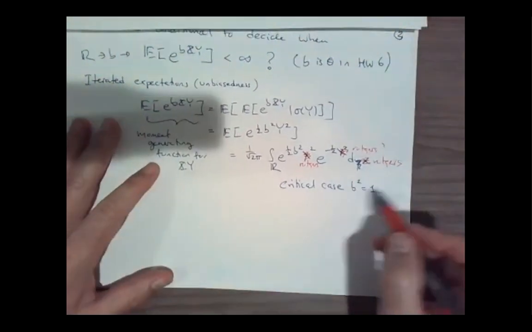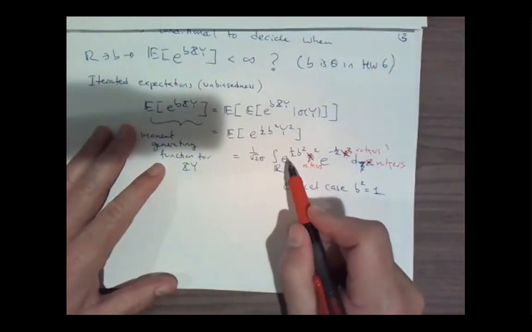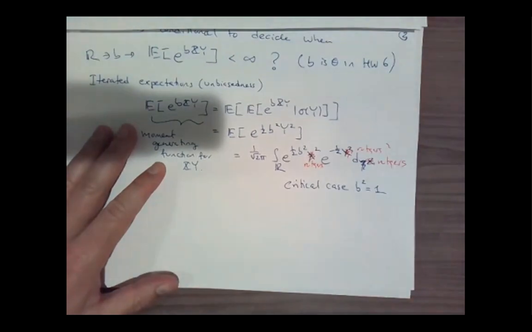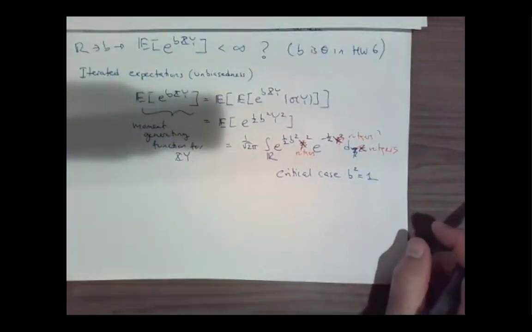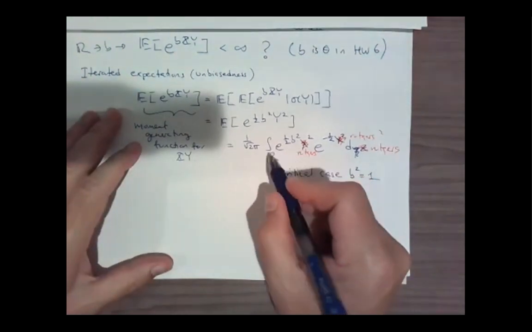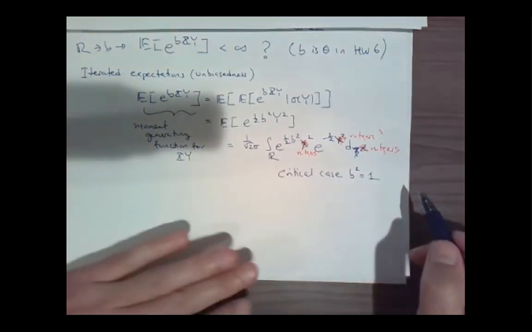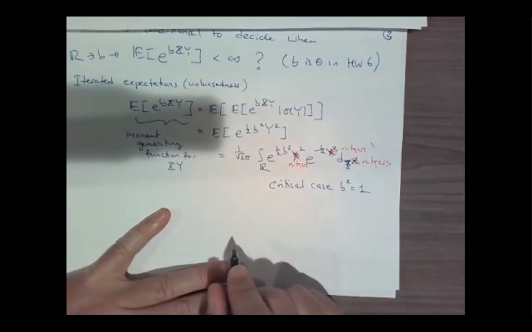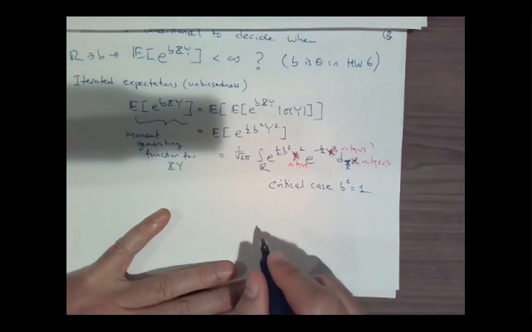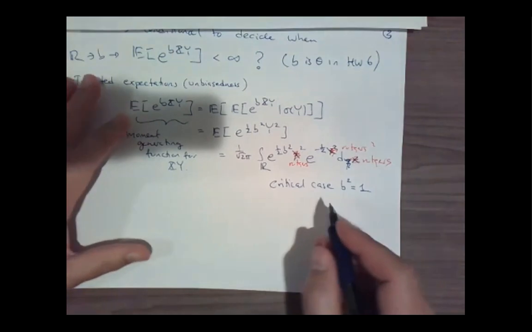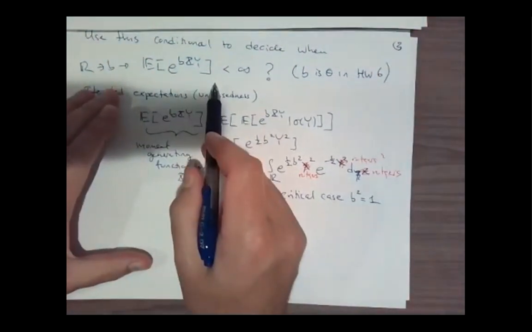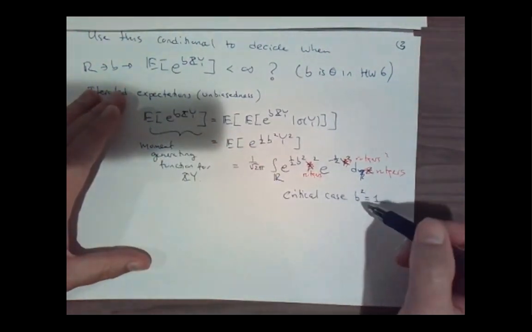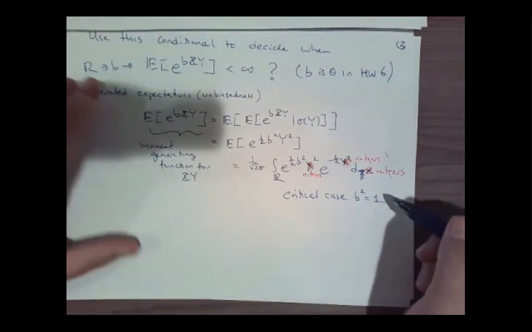The critical case is b squared equal to 1, because in that case we're going to get exponential of 0. So in this critical case, do we have finiteness or not? Well, we were integrating 1 over r. When I integrate 1 over r, what do I get? Infinity. So the critical case does not give us that. So what's the condition on b here? Should b squared be less than or bigger than 1 to get finiteness?